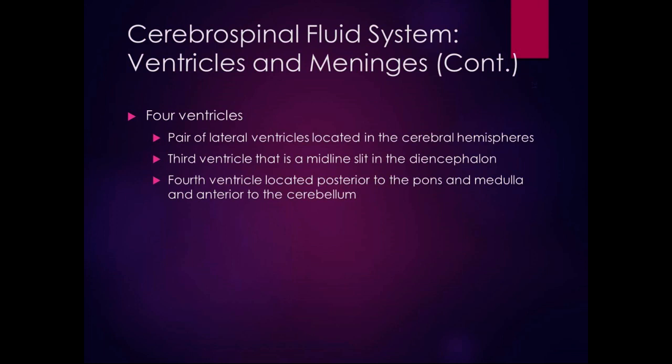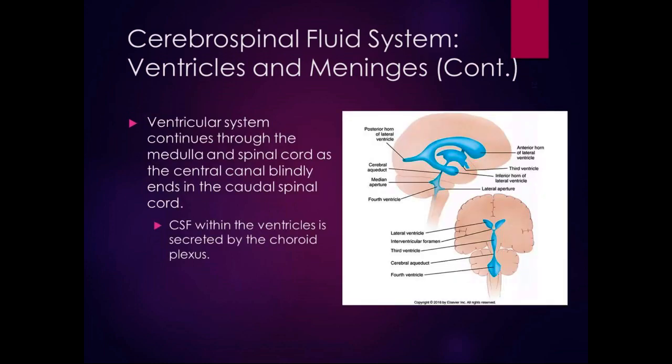So that gives us that cushioning and buoyancy effect, plus the nutritive effects. The ventricular system continues through the medulla and spinal cord as a central canal, and it ends in the caudal spinal cord. So it goes throughout the central nervous system. The cerebrospinal fluid that is held in the ventricles is secreted by an area called the choroid plexus.